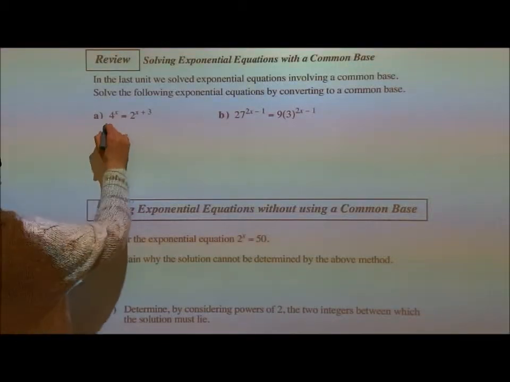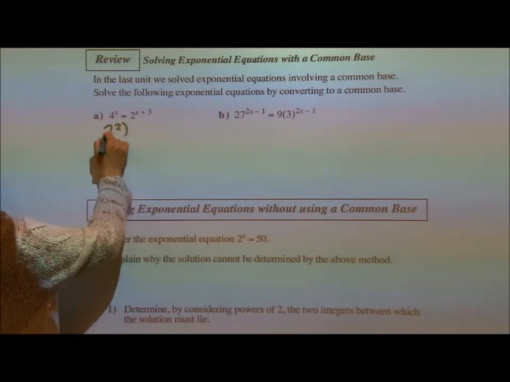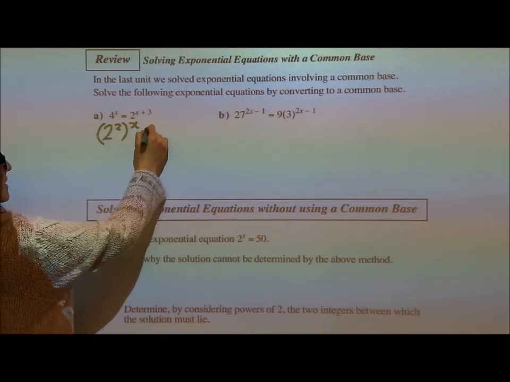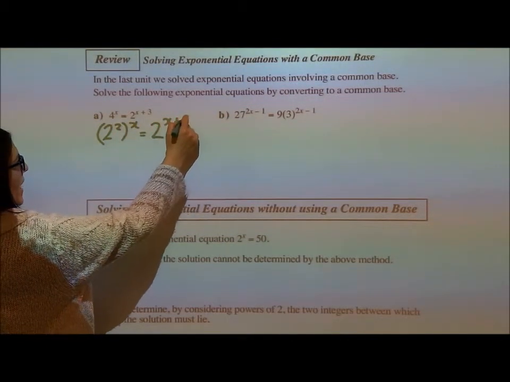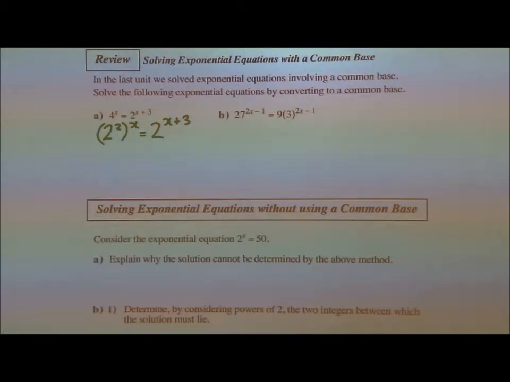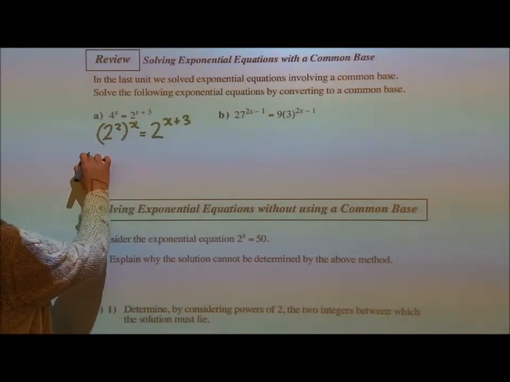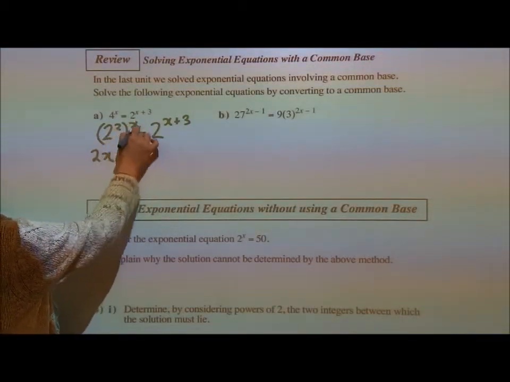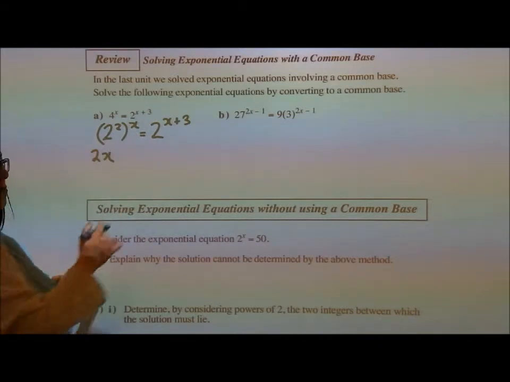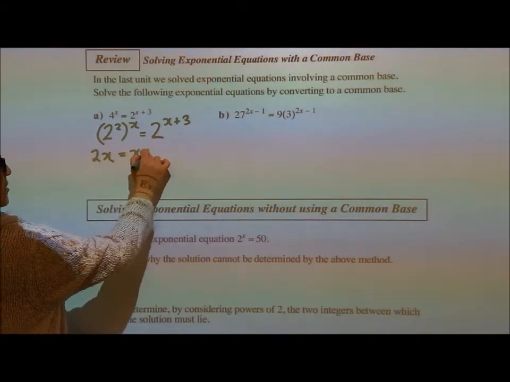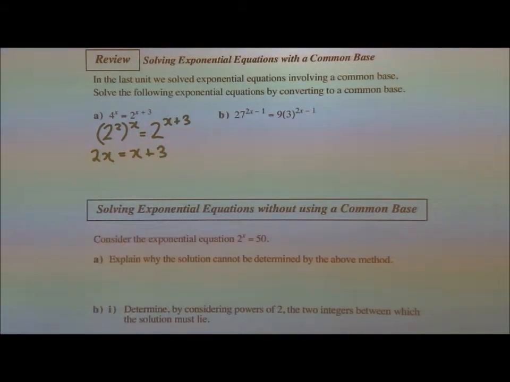So I can rewrite 4 as 2 squared, to the power of x, equals 2 to the power of x plus 3. If the bases are the same, I can let the exponents be equal to each other. So I would multiply this out to give me 2x equals x plus 3.